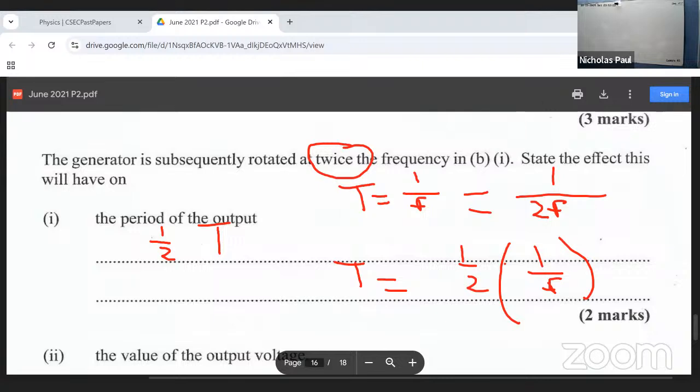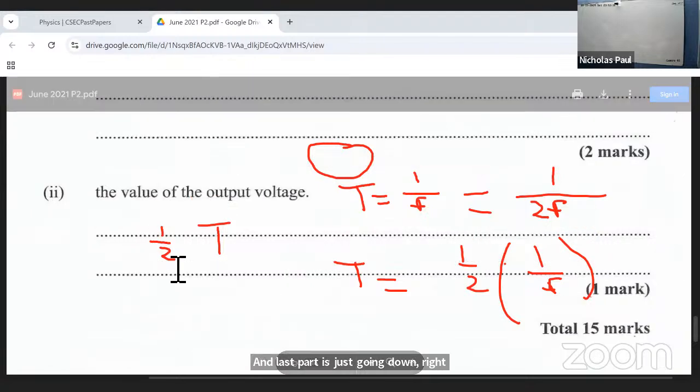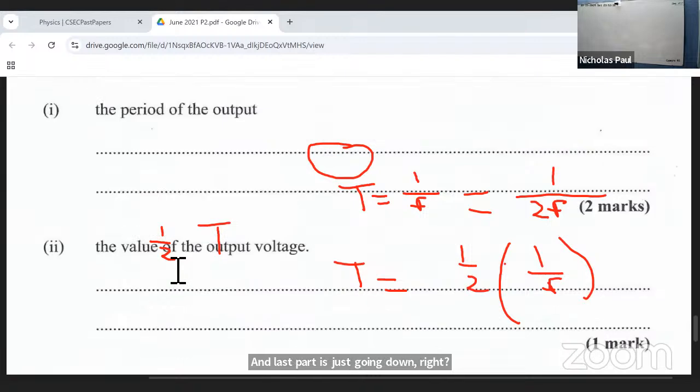And the last part: what happens to the value of the output voltage? One mark. Does it stay the same?